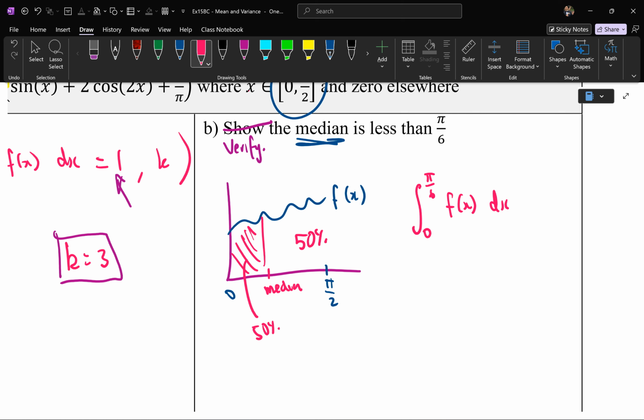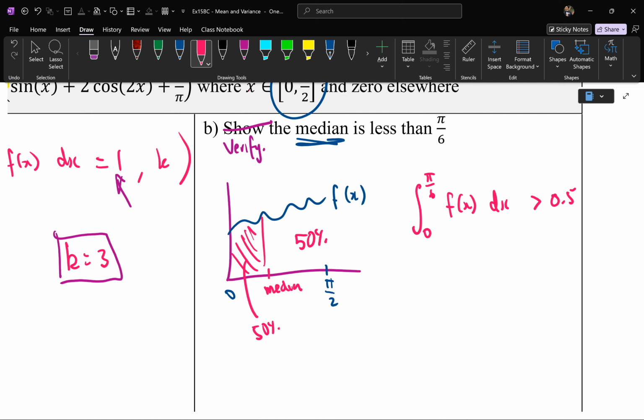If I just work out the area between 0 and pi on 6 for a function, whatever that area is, if it was say 49%, then that doesn't make sense. That means the median is on the right side. If it's 51%, then I know it's on the left. So we just need to show or verify that this area is bigger than 50%. That way we know the median's on the left side, because we're trying to say it's less than pi on 6. So for it to be left, that area has to be bigger than 50%. So, verifying, we just need to show that this is greater than 0.5.